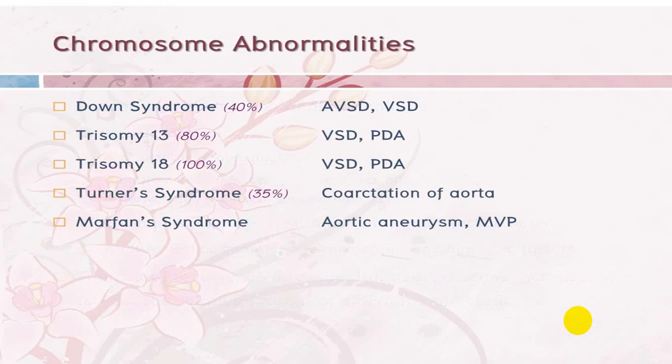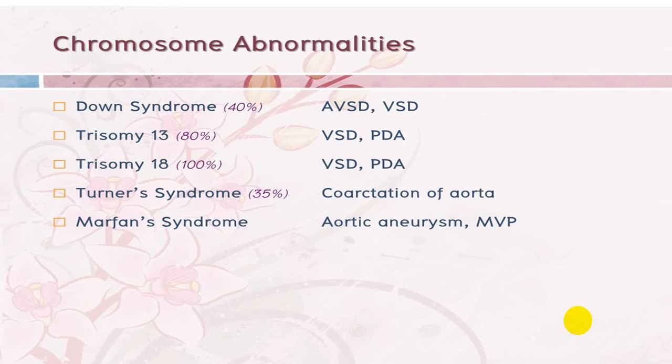There are some congenital syndromes like Down syndrome, which is quite common, where you get VSD and atrioventricular septal defect quite commonly. In trisomy 13, VSD and PDA are common. In trisomy 18, VSD and PDA are most common. In Turner syndrome, coarctation of aorta, and in Marfan syndrome, aortic aneurysm and mitral valve prolapse.